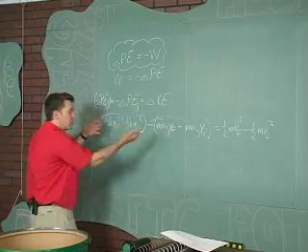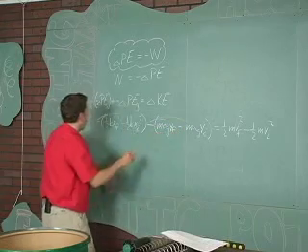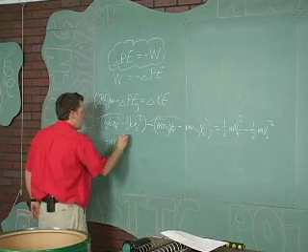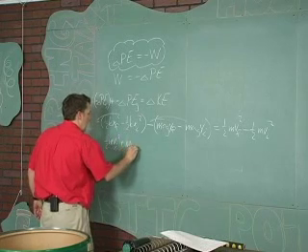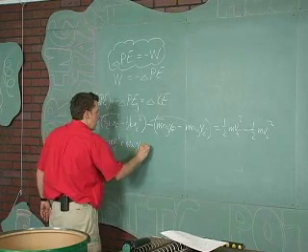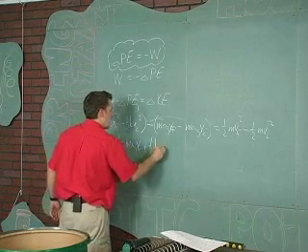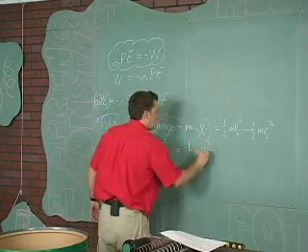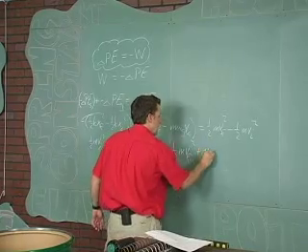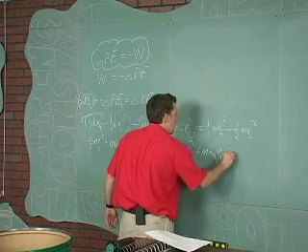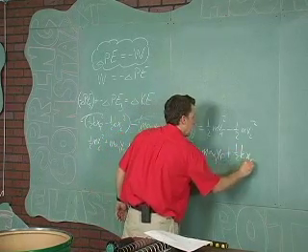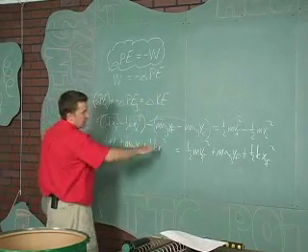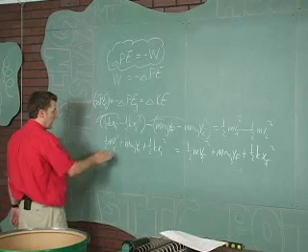By getting all my initials on the left and my finals on the right, I end up with this expression. 1/2 m v_i squared plus m a_g y_i plus 1/2 k x_i squared is equal to 1/2 m v_f squared plus m a_g y_f plus 1/2 k x_f squared. Okay, well, this is our new statement of conservation of energy right here.